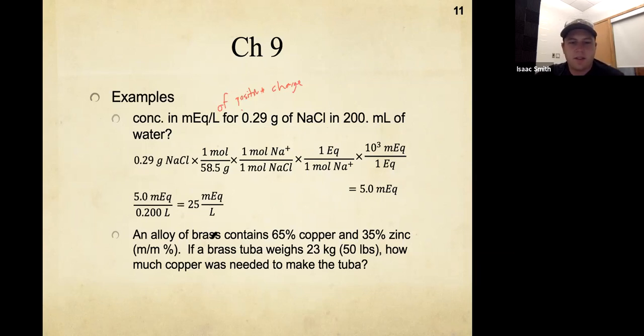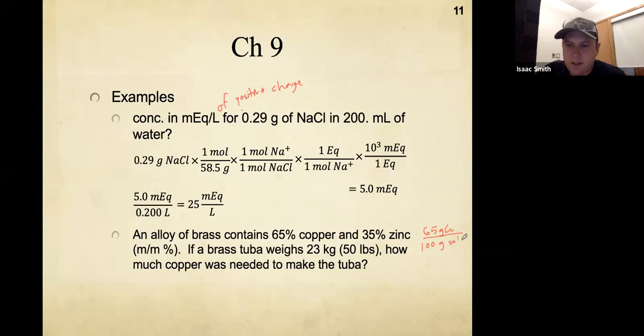This other example is one like we've seen before. This would be a mass over mass percent, which is generally just referred to as percent mass. An alloy of brass contains 65% copper and 35% zinc, and it tells you it's mass percent, which means it's mass of the solute divided by mass of the solution, or the alloy in this case.